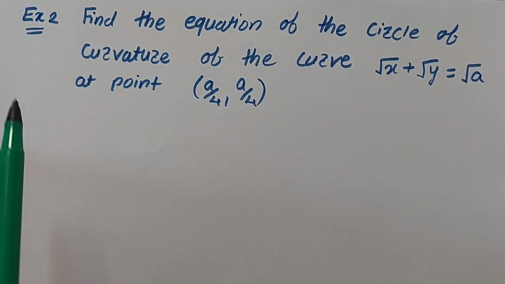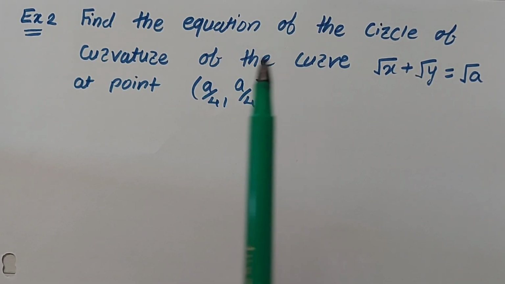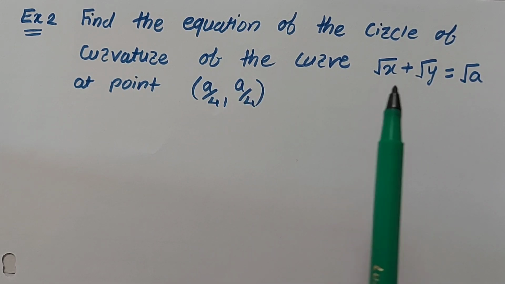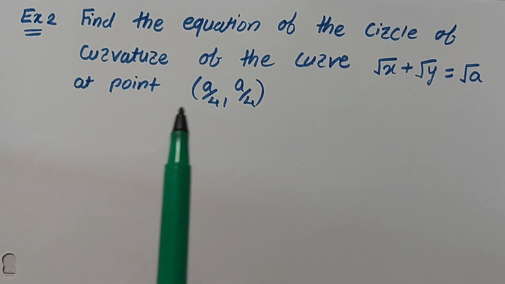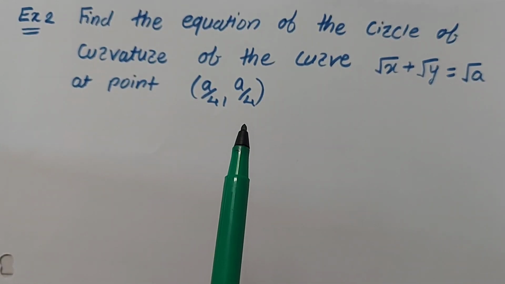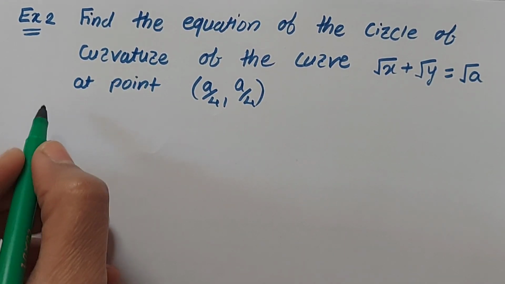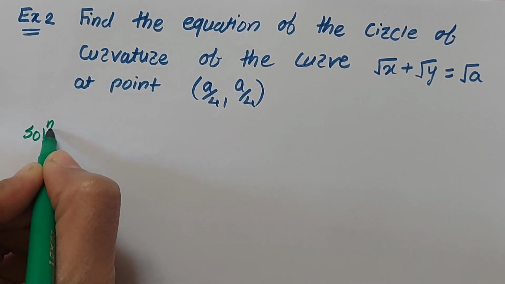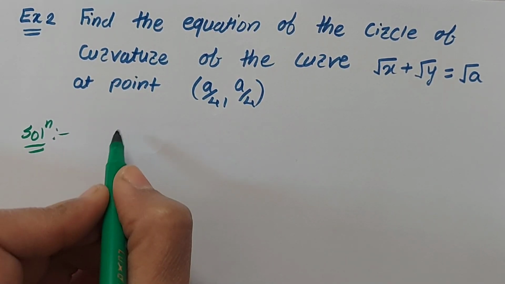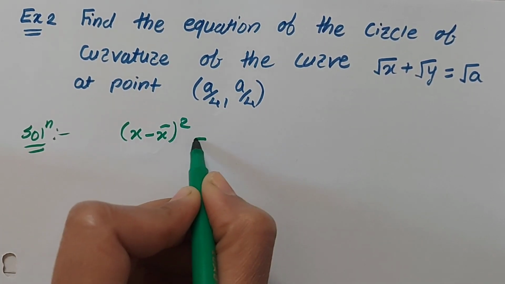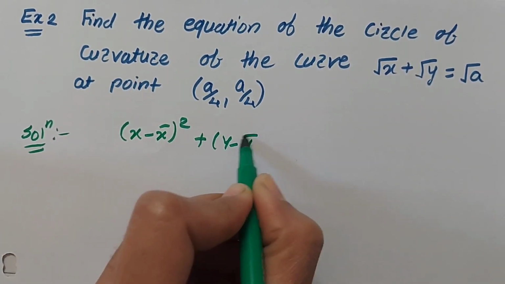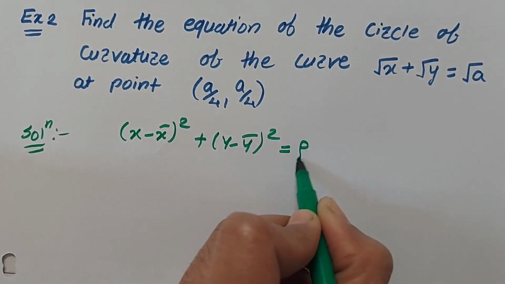Now the next example is we have to find the circle of curvature for the curve under root of x plus under root of y is equals to under root of a at the point a by 4 comma a by 4. Now in this example we know that for the circle of curvature, we have to find (x minus x bar) whole square plus (y minus y bar) whole square is equals to rho square.